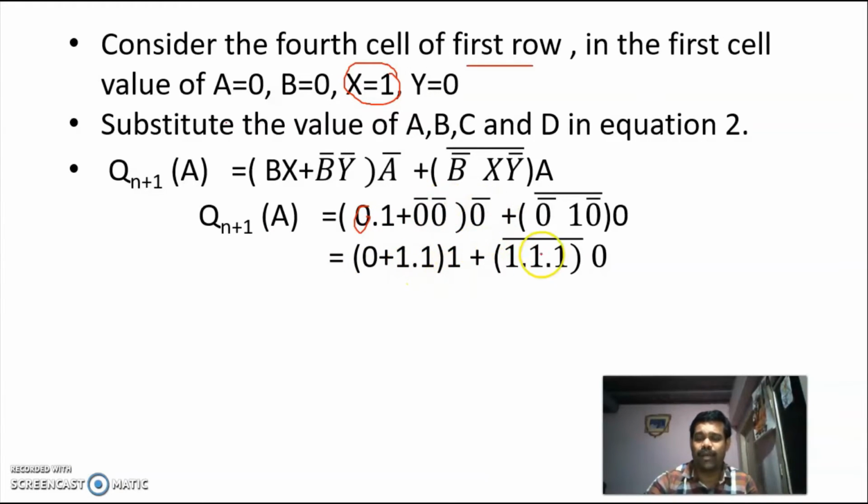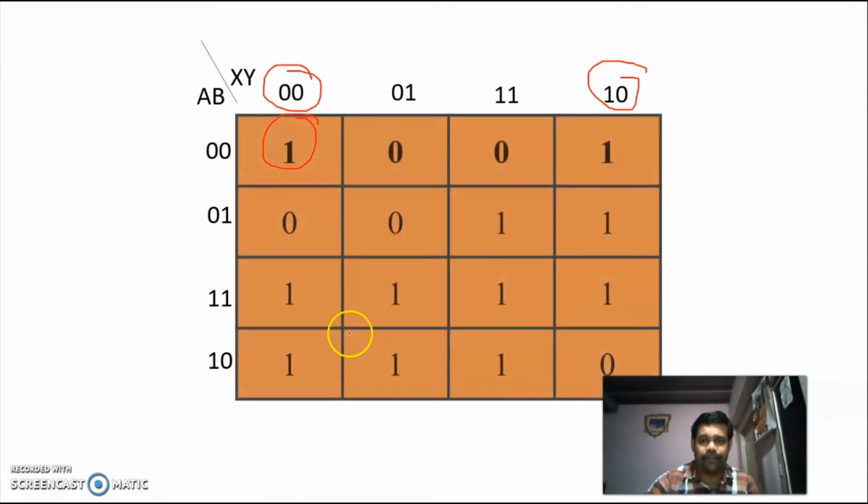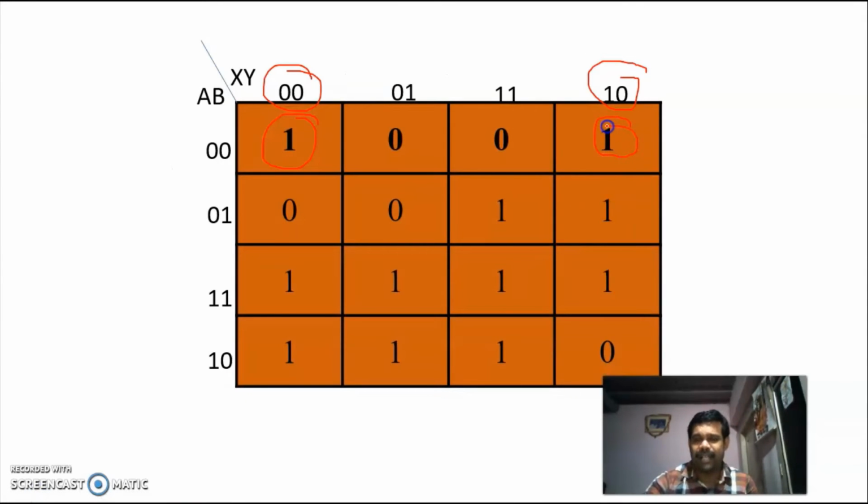Here also 0 bar 1. Here 1 into 1 into 1 bar, 1 bar is 0. So here 0 plus 1, again 1. 1 bar is 0 into 0. So finally we will be getting 1 plus 0, 1. So the first cell, fourth row, here also you are getting 1.